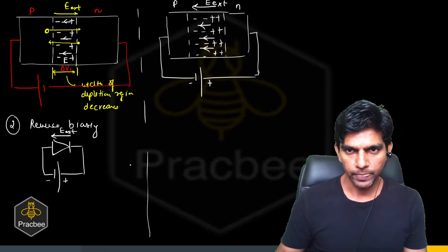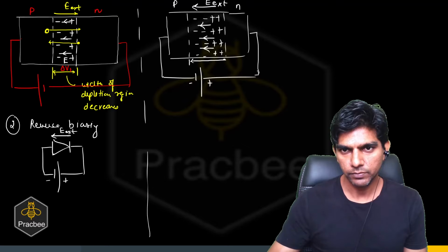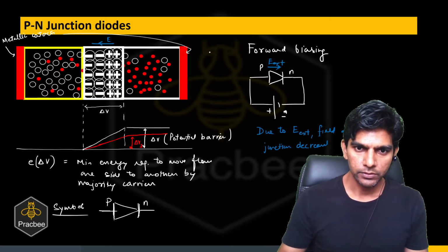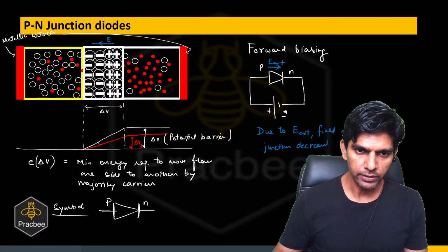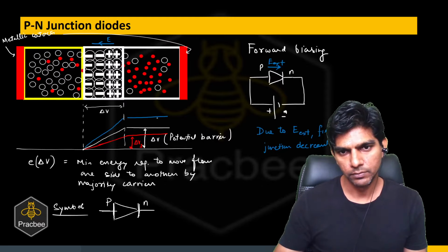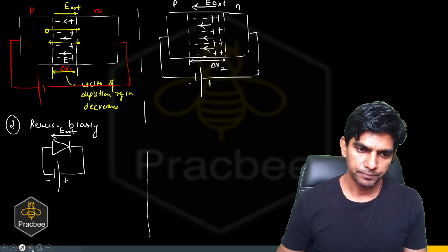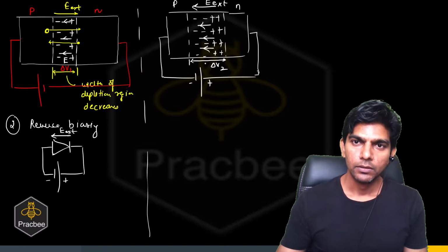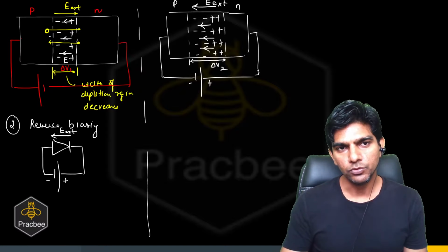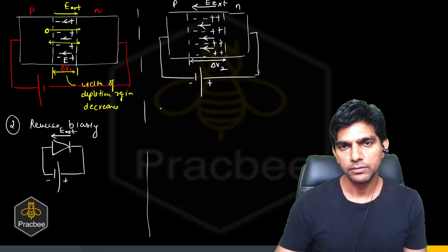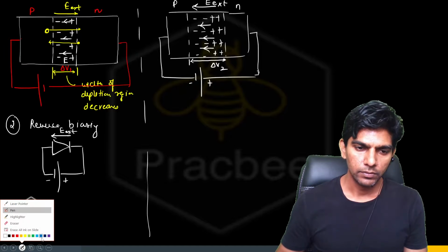So if the potential difference now is delta V2, this can be shown on the same diagram like this. This will be delta V2. Now it will be even more difficult for majority carriers to move from the P side to the N side, right?